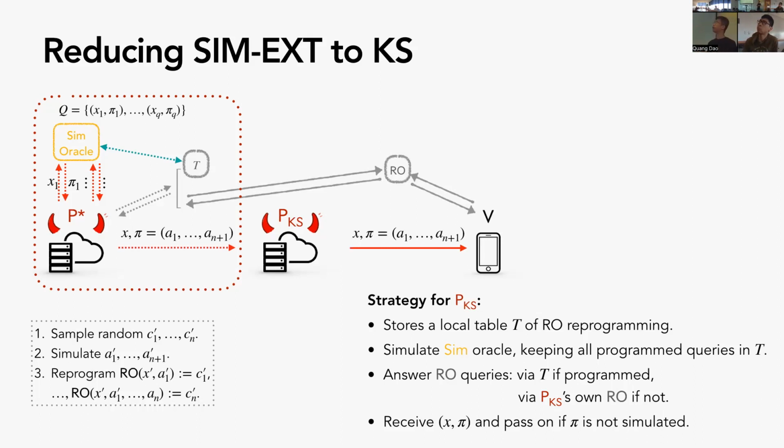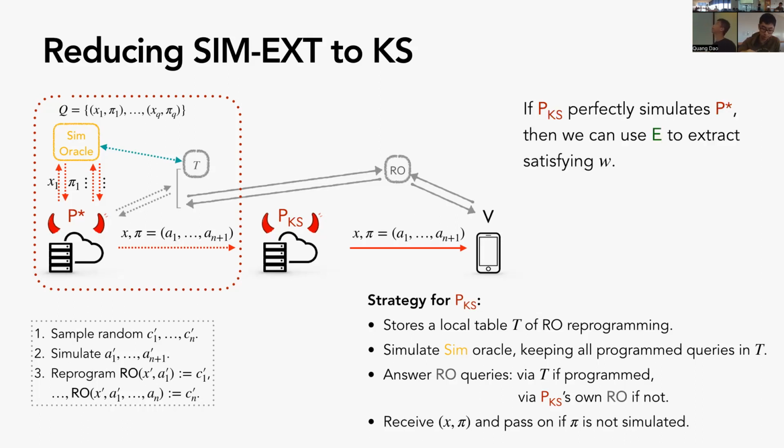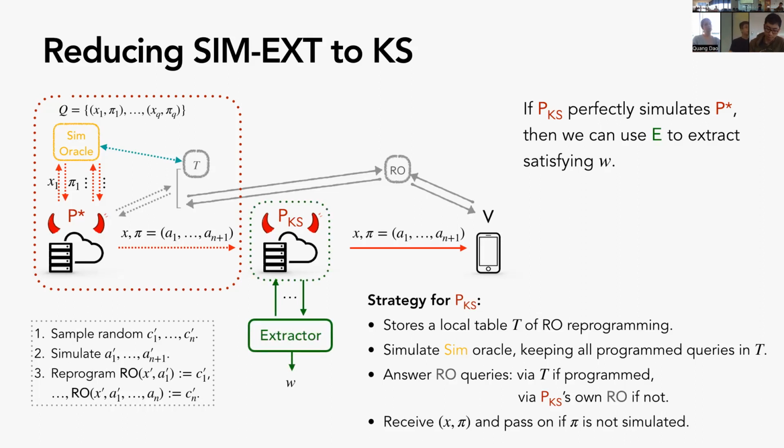So this is a strategy to simulate the view of the SIM-EXT prover, and the end goal is to get a knowledge soundness adversary. Now, if the simulation is successful, then we can invoke the knowledge soundness extractor in order to get a satisfying witness. Recall that if we assume knowledge soundness, then there exists such an extractor, and we're just invoking it.